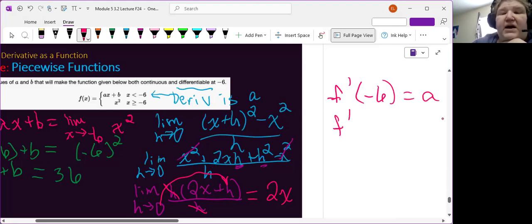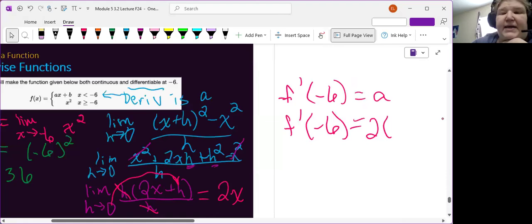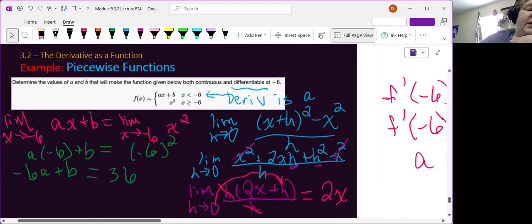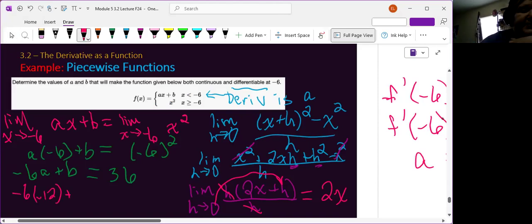On the other side, it will equal 2 times -6, which is -12. Now, to be differentiable, these have to be equal. So we have that a is negative 12. And now that I know a is negative 12, I can substitute it in here.